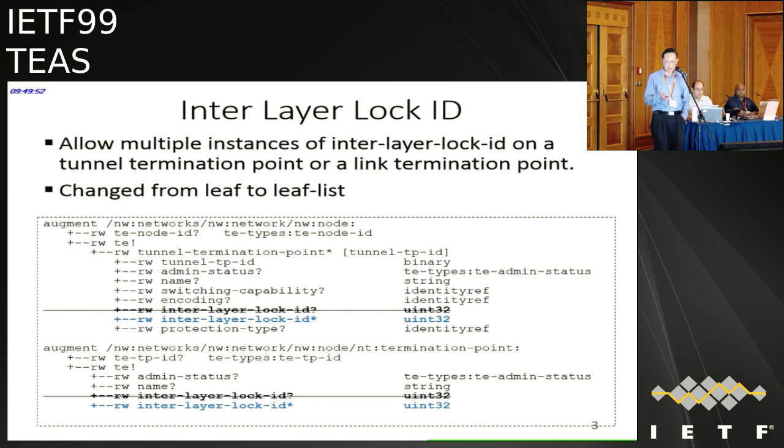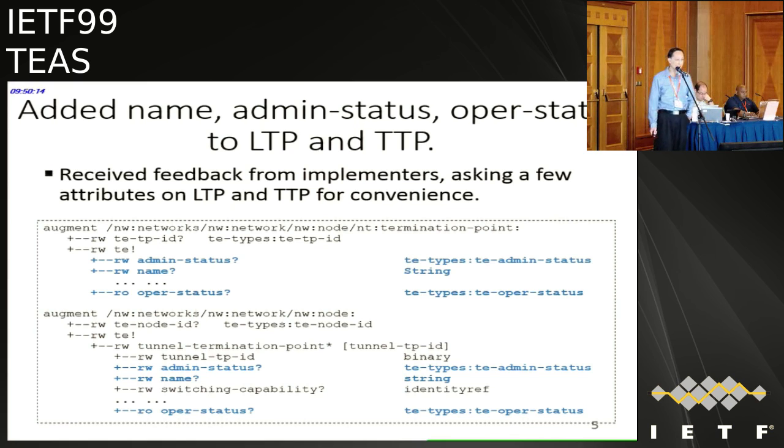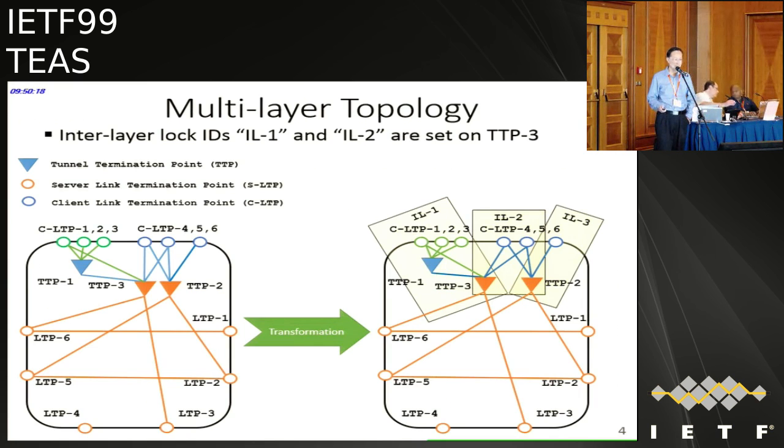The reason for that is, in this case, we have the TTP like TTP3 that may be used for multiple lock IDs, 1 and 2. So we changed that to allow these cases.